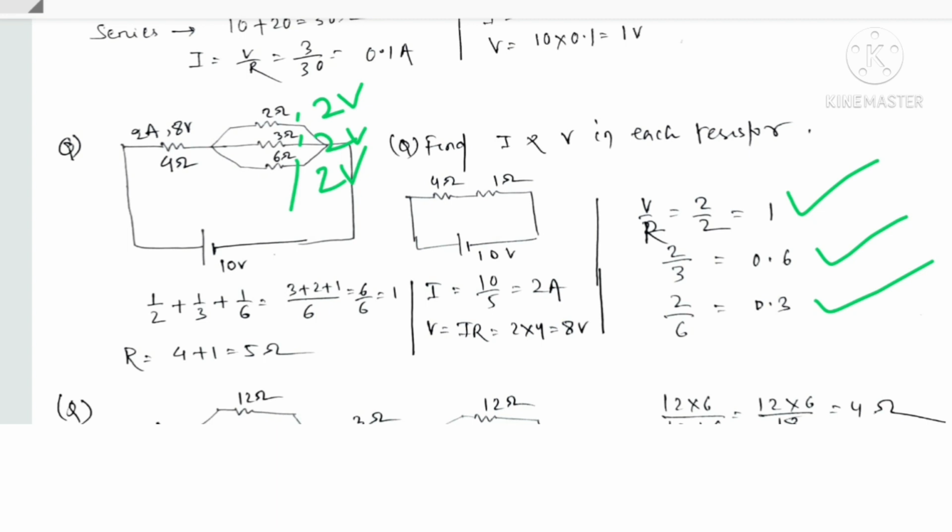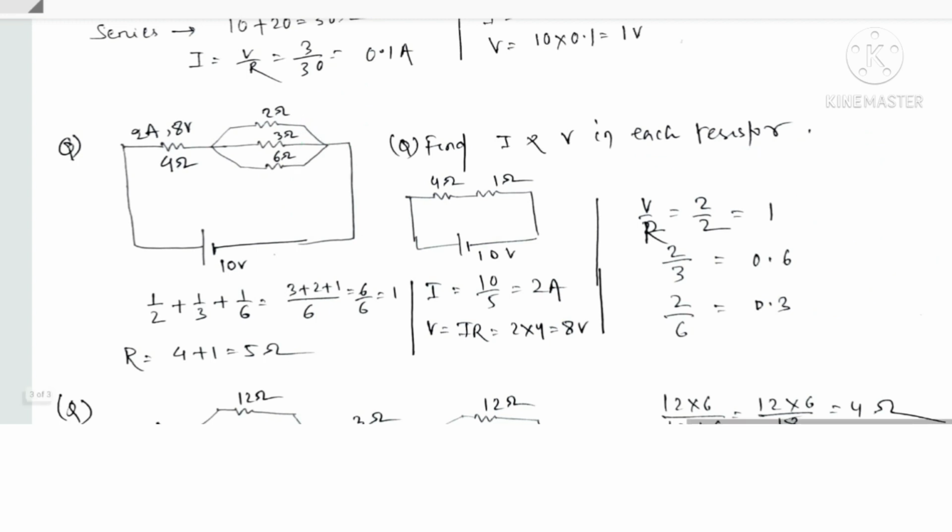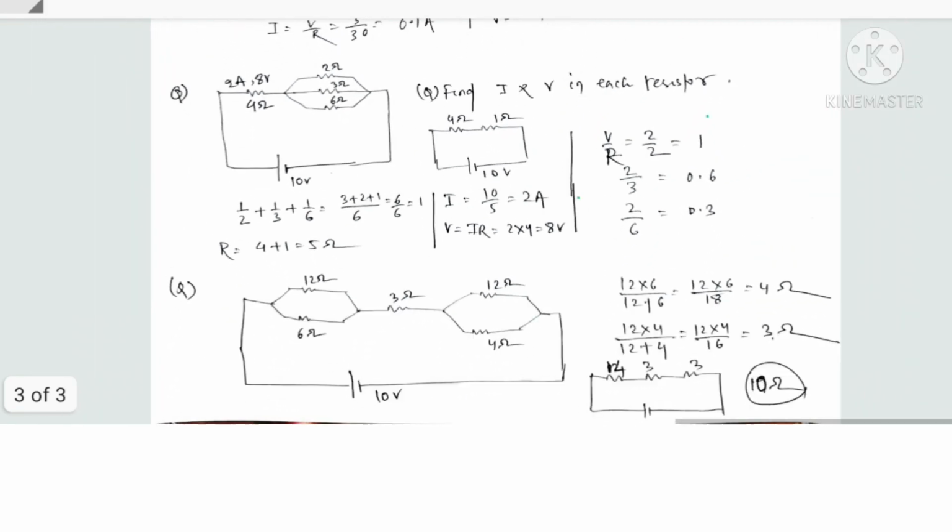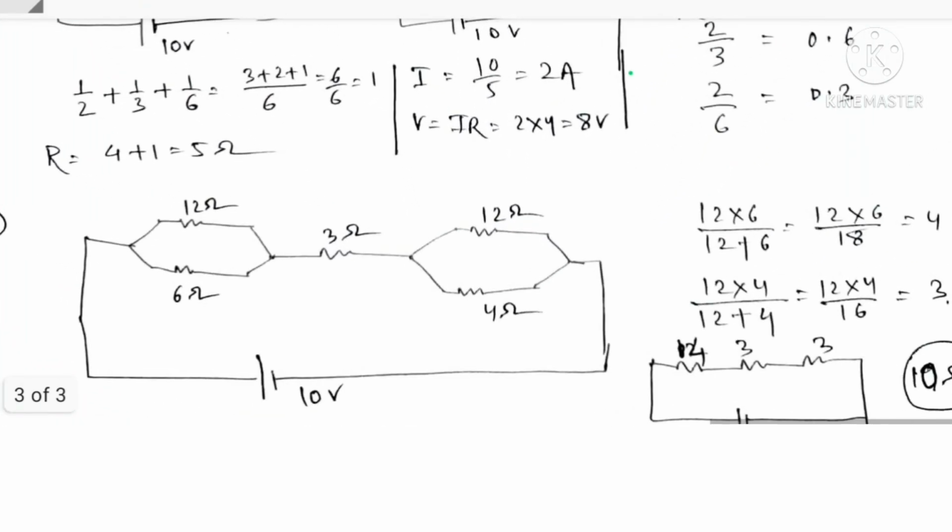So like this you have to solve. So we have found current and potential across each resistor. Okay, so try to see which kind of combinations are there, and in which combination which factor remains constant and which factor gets divided.